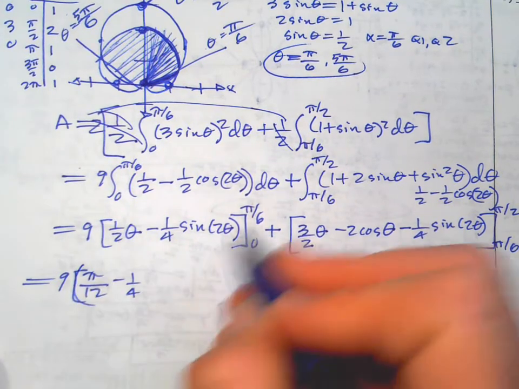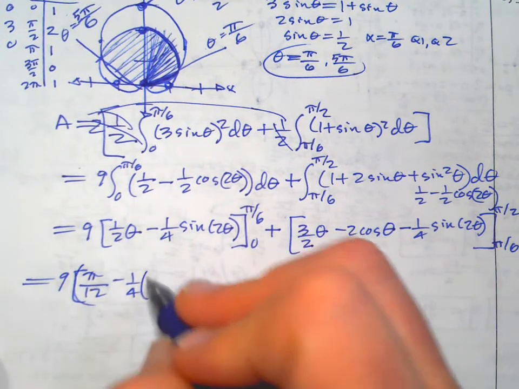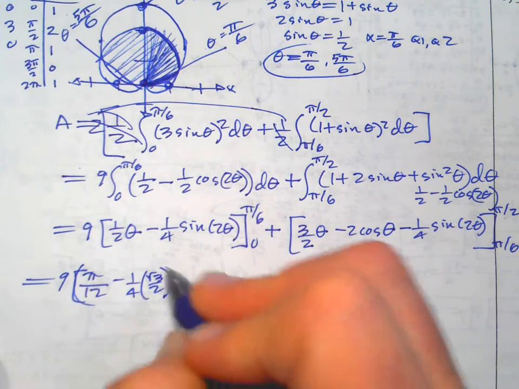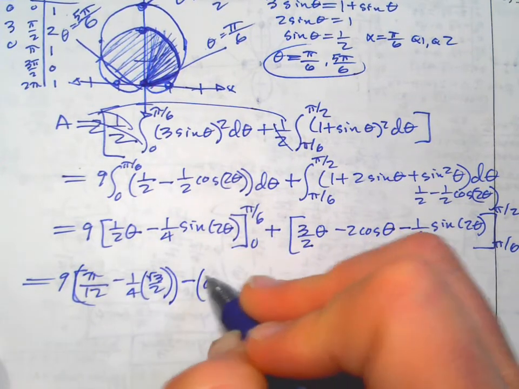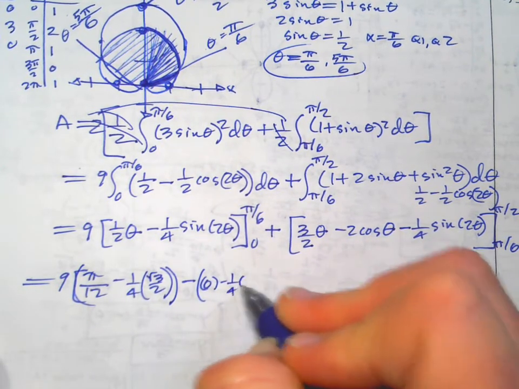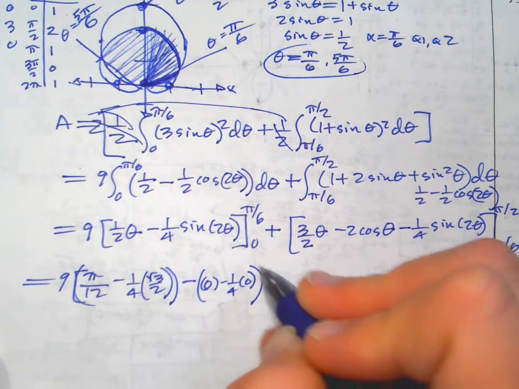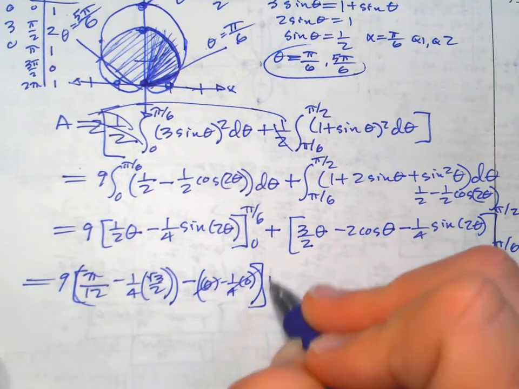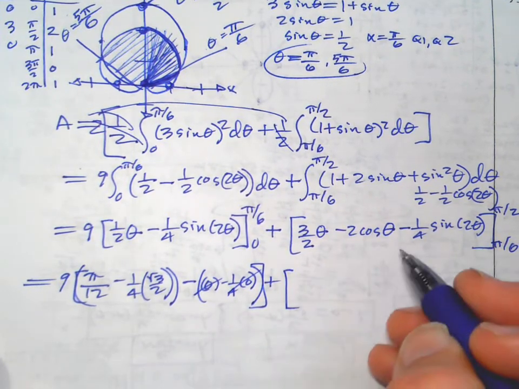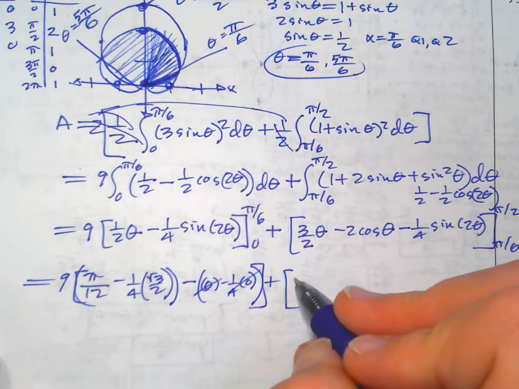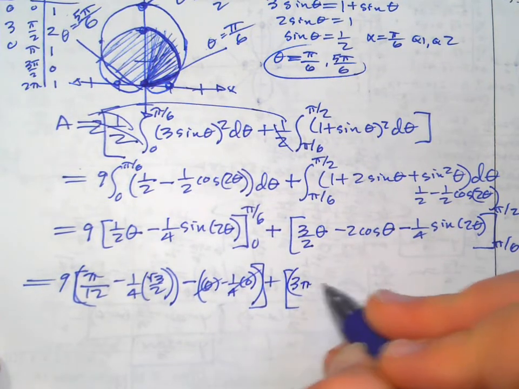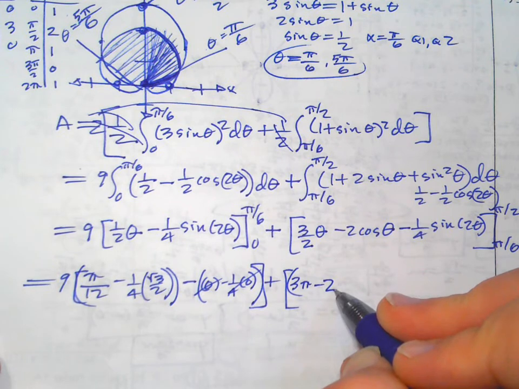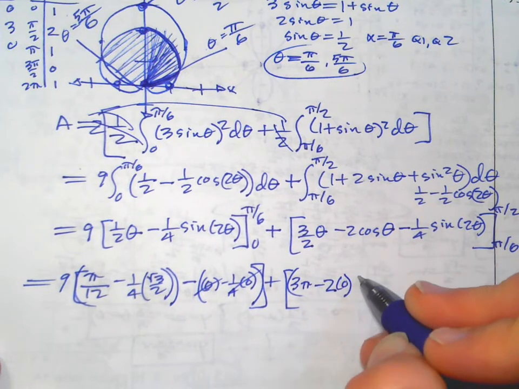So sine of pi over 3 is root 3 over 2. Okay. Pi over 2, that's going to be 3 pi. Cosine of pi over 2 is 0.